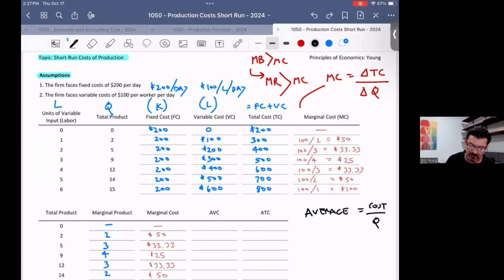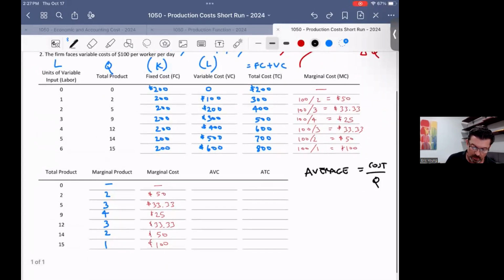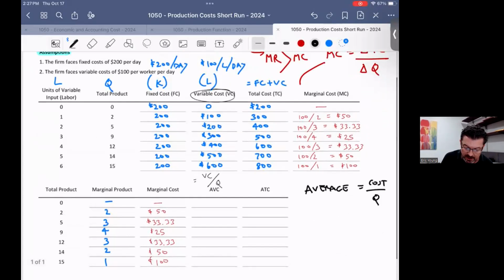Notice that we have here 2 columns. We want to do average variable cost. Well, average variable cost will be equal to variable cost divided by Q. Notice that we have variable cost right here, and we have Q right here. I'll put that as well.